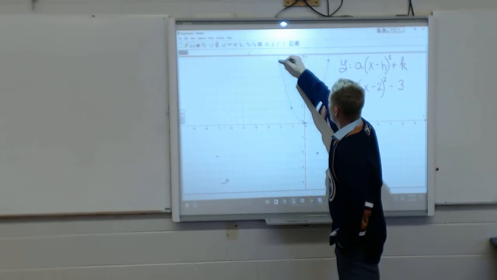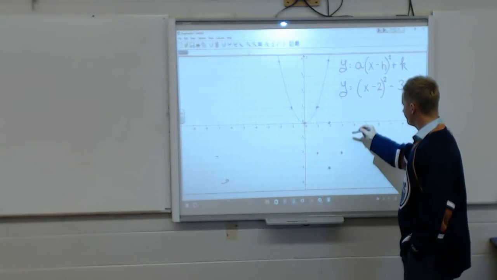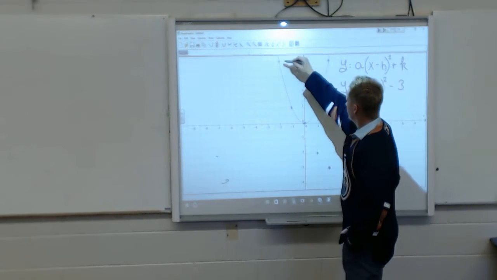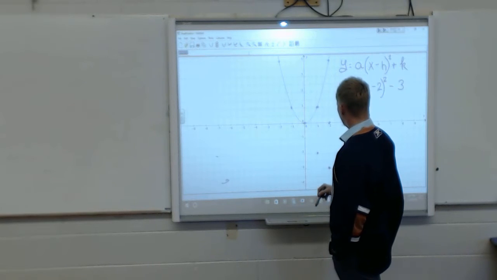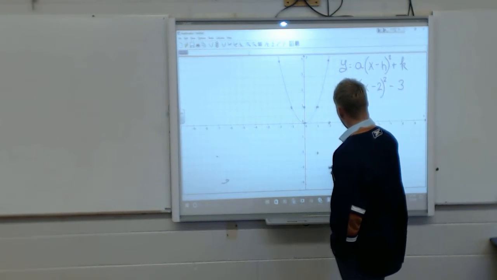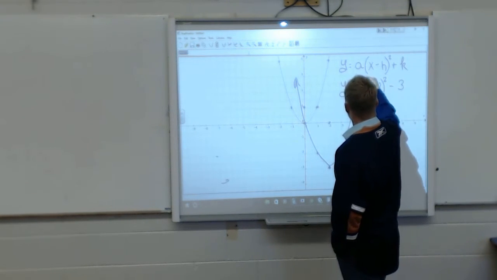I'm going to move it 2 to the right and 3 down, which would be 2, 4, and 1. There we go. And then this guy's going to go 2 to the right and 3 down, so it'll go right there. And my new graph should have gone through there, will look something like that.